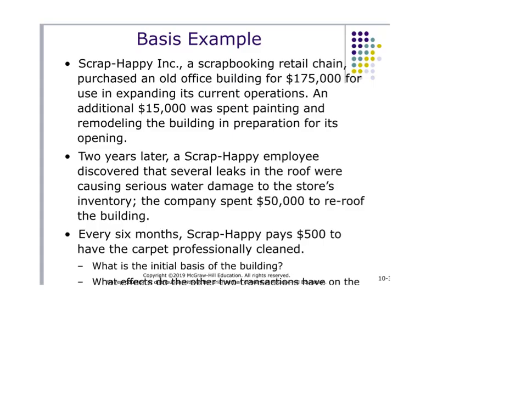An additional $15,000 was spent painting and remodeling in preparation for its opening. 2 years later, an employee discovered that several leaks in the roof were causing serious water damage to the store's inventory. They spent $50,000 to re-roof the building. Every 6 months, they pay $500 to have the carpets cleaned. Okay? So, 2 questions. First of is, what is the initial basis of the building? All right? So, let's answer that first question.